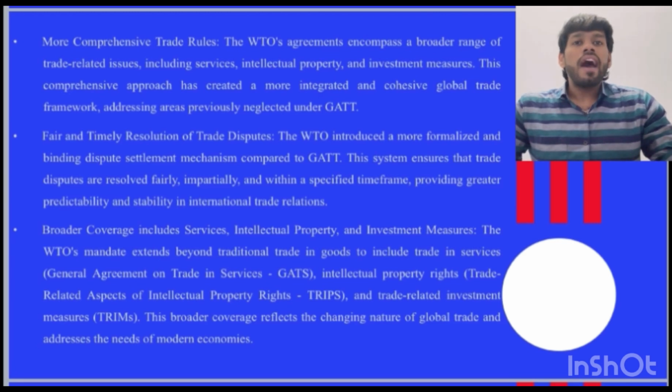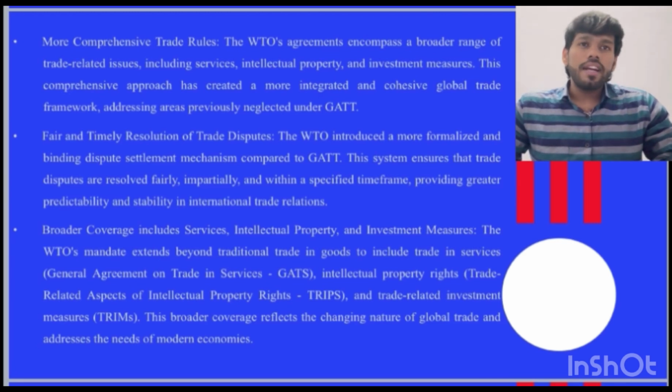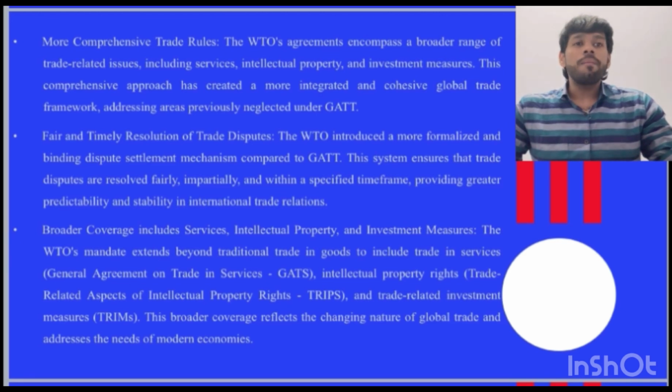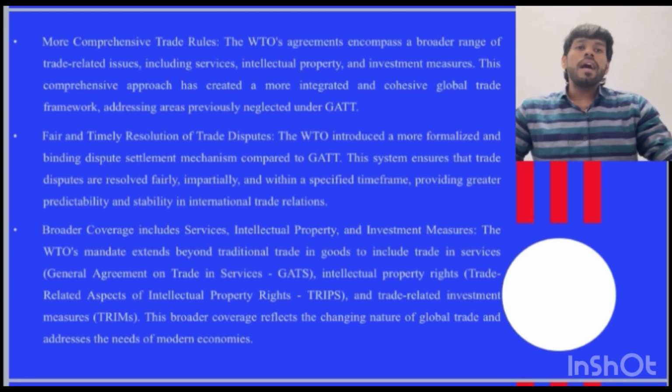Let us see the fair and timely resolution of trade disputes. The WTO introduces a more formalized and binding dispute settlement mechanism compared to the GATT. This system ensures that trade disputes are resolved fairly and impartially within a specified time frame, providing greater predictability and stability in international trade relations.